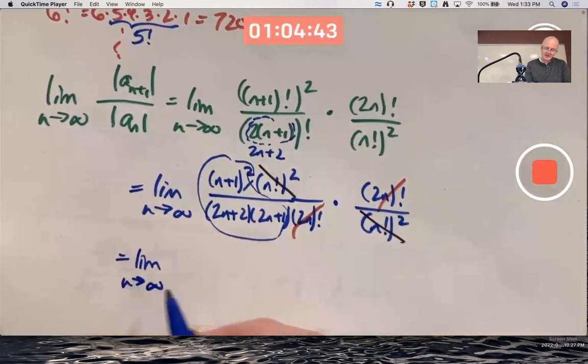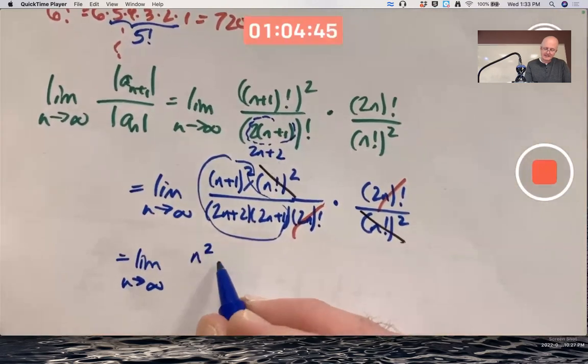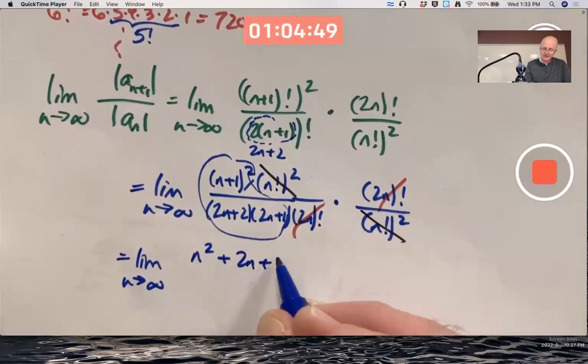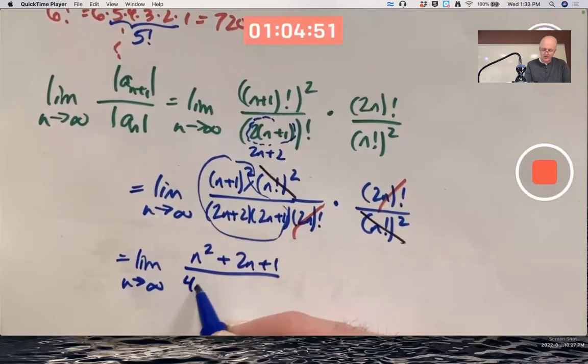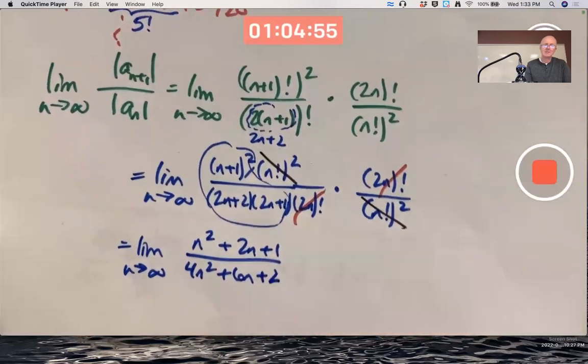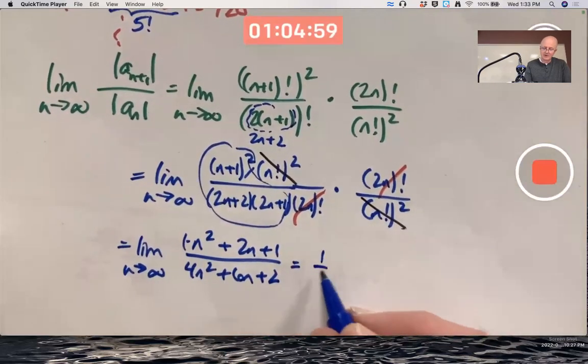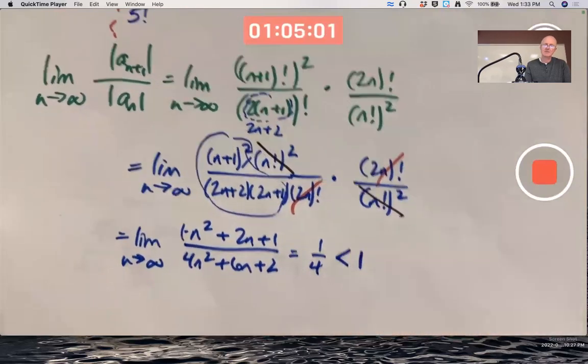If you want extra confirmation, you can expand it out to see that the coefficient of n squared in the top is 1, and the coefficient of n squared in the bottom is 4. You don't really have to expand it out. So this limit is 1/4, which is less than 1.